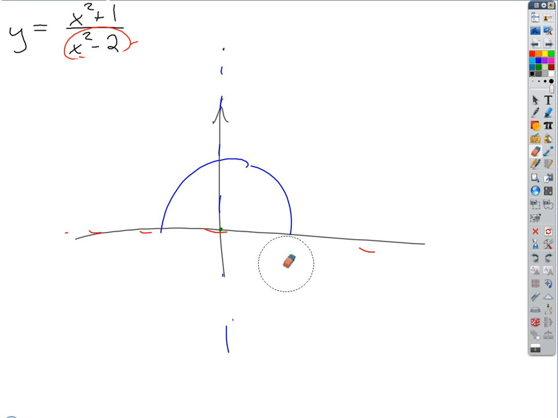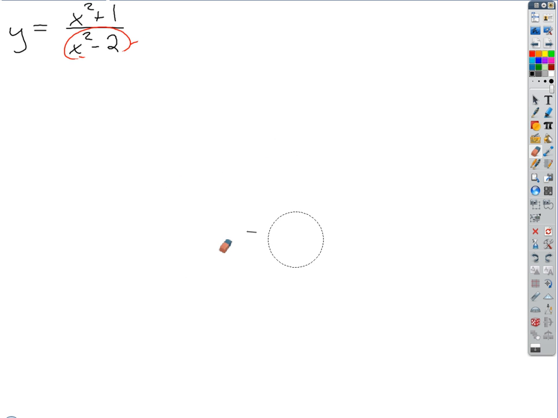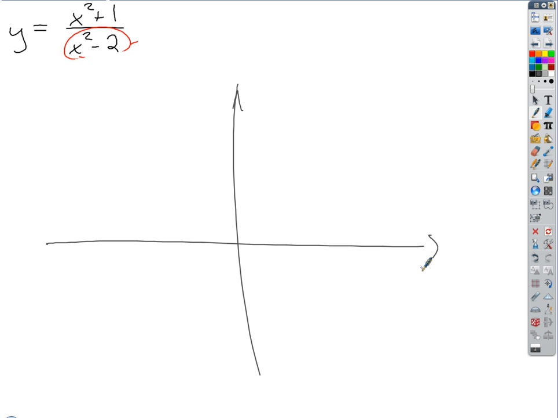So if we look at some other kinds of functions, you tell me real quick: think of a function that has reflective symmetry over the y-axis. Parabola, y equals x squared. So that's one that does. That has folding symmetry.